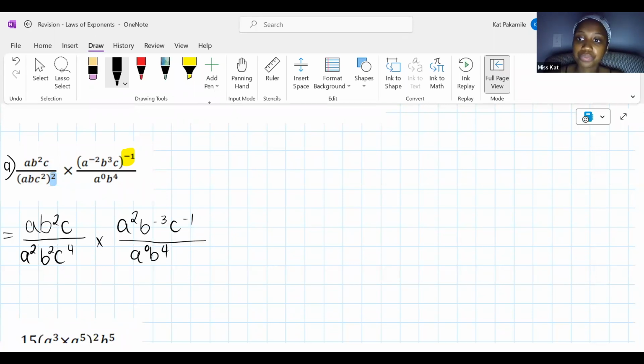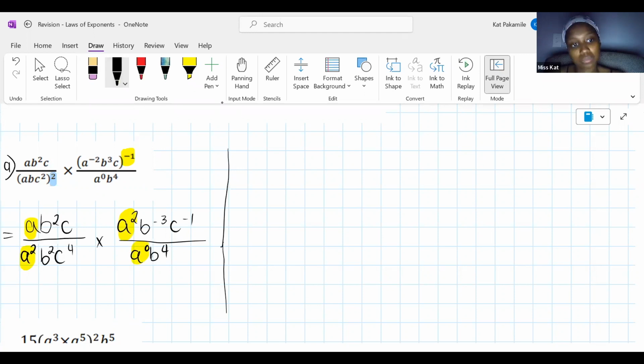The next step is to match the same variables, like the A to the power of 2 and the A to the power of 0. Since they're dividing, let me do the A, B to the power of 2 with C first.